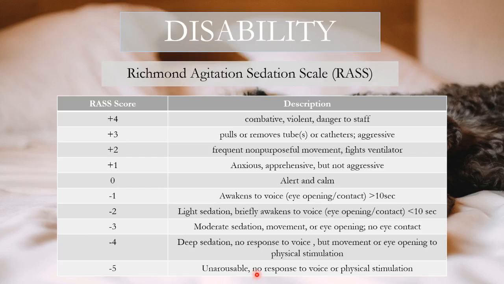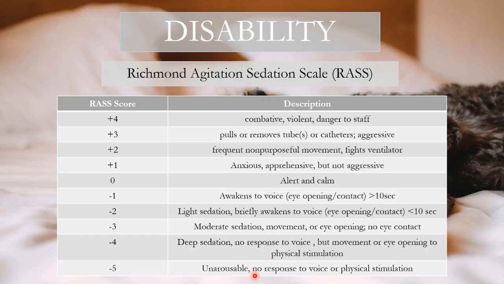Let's start from -5. Let's say you assess the patient is not rousable, the patient doesn't respond to voice or physical stimulation, then score -5. No matter what you did, the patient's unresponsive, RAS is -5.